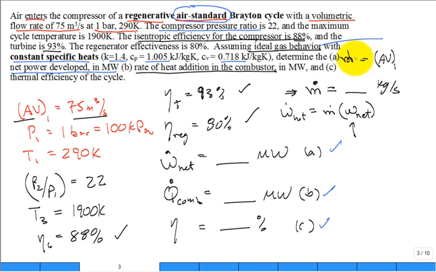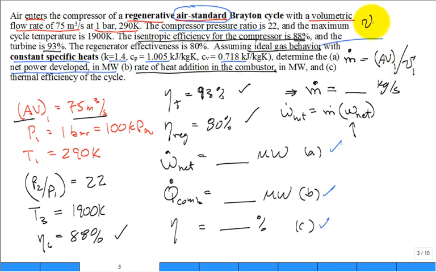What do I do to get the relationship between m dot and A V? That's a question for you. Divide by or multiply by the specific volume at state 1. Will that work? Yeah, that'll work. You divide by the specific volume at state 1.